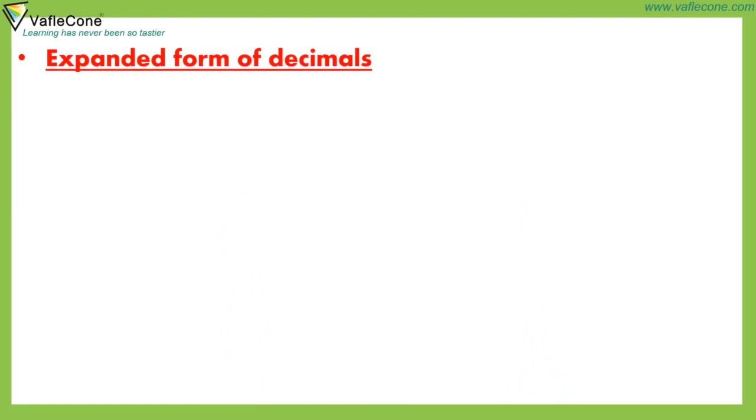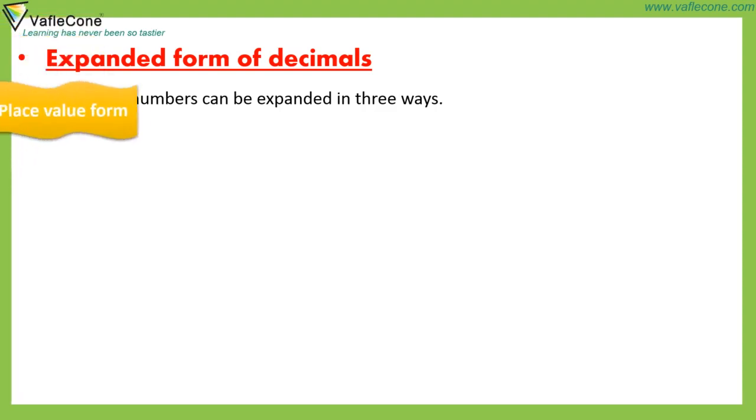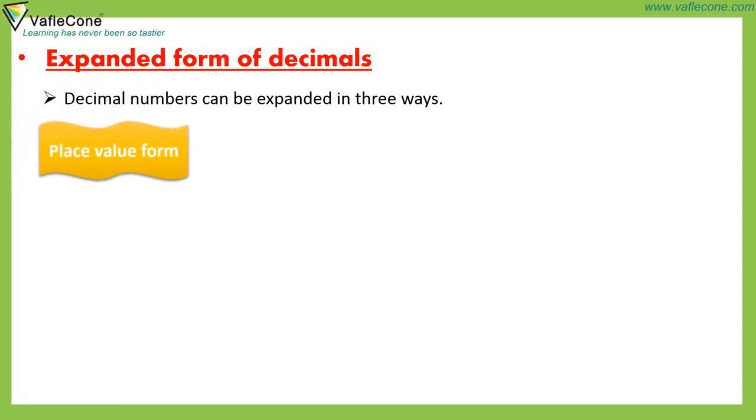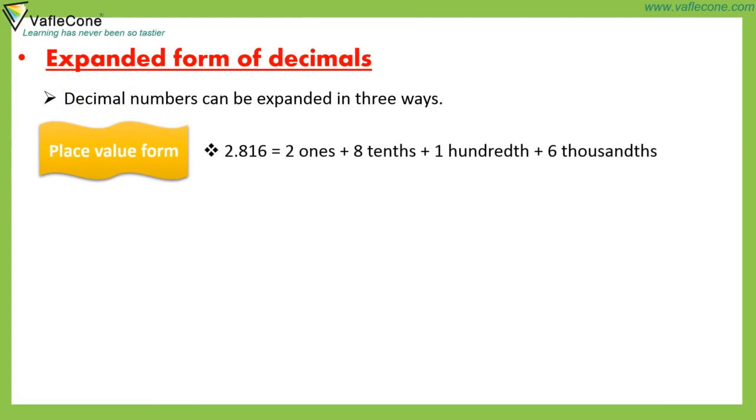Expanded form of decimals. Decimal numbers can be expanded in three ways. Place value form. 2.816 is equal to 2 ones, 8 tenths, 1 hundredth, 6 thousandths.